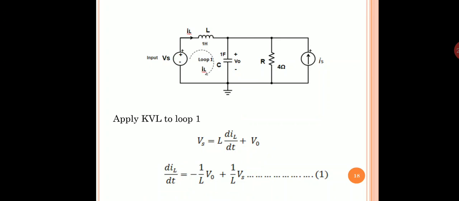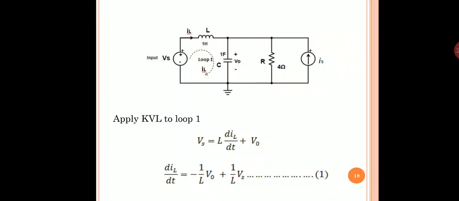Next step, I need to get one more state equation or one more electrical equation. You can apply another KVL equation also, but the thing is I need another equation in terms of Is as well, because I need to have the equations in terms of state variables and inputs, because x dot is equal to Ax plus Bu.